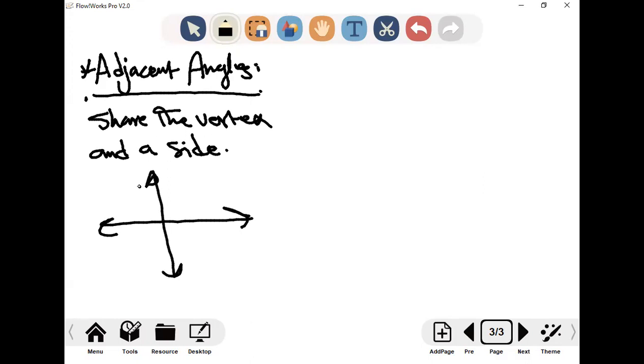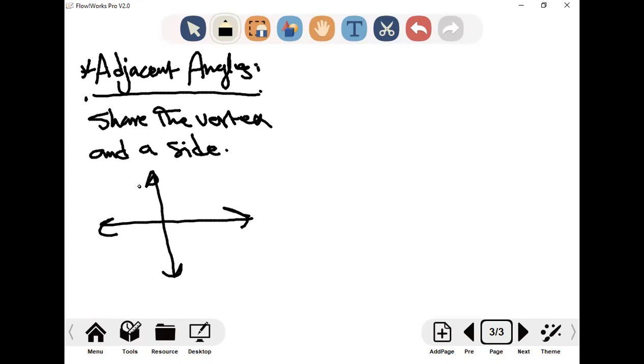Adjacent, in other words, means neighbors. Me and Abdullah are now neighbors, beside each other. But if we were vertical, we would be opposite each other. Got it? So neighbor angles are beside each other.